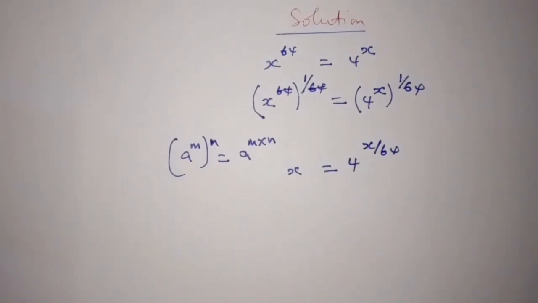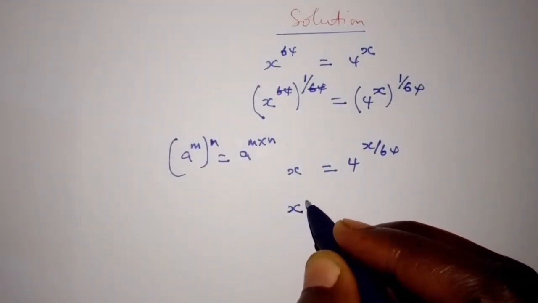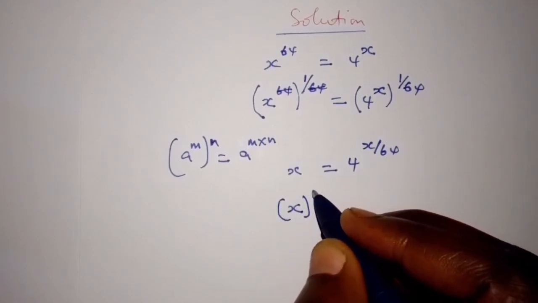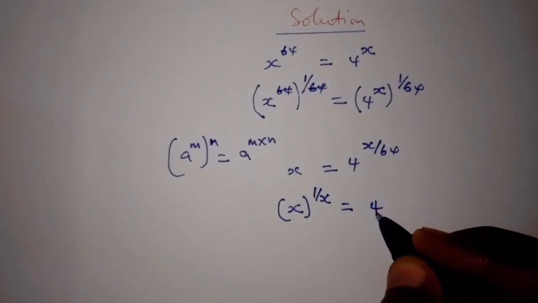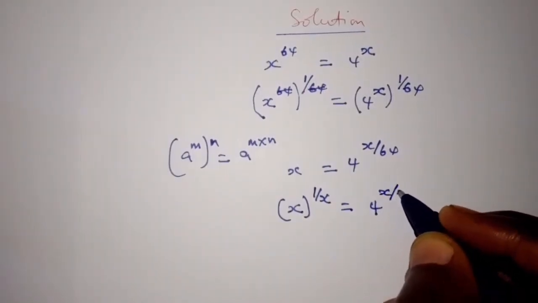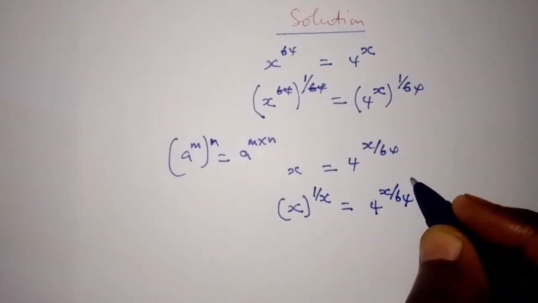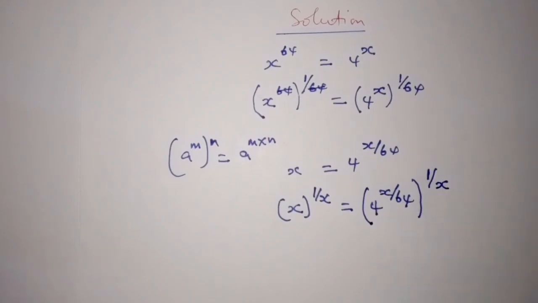Then we take power 1 over x on both sides. So when we take power 1 over x on both sides, then we are going to have x to the power of 1 over x is equal to 4 to the power of x over 64 into bracket power 1 over x.